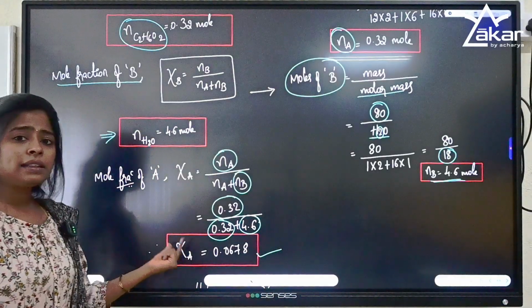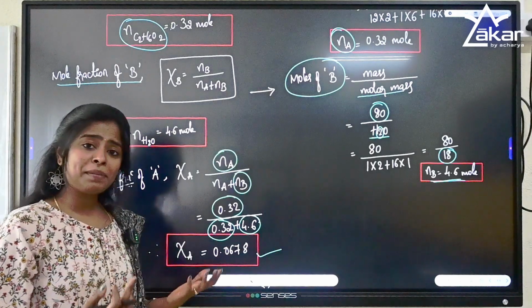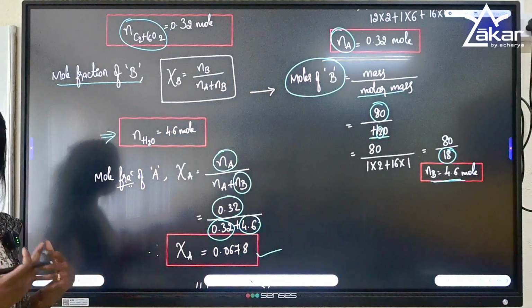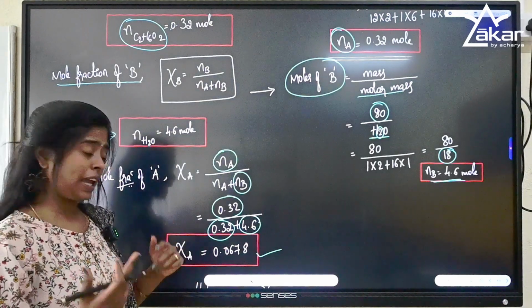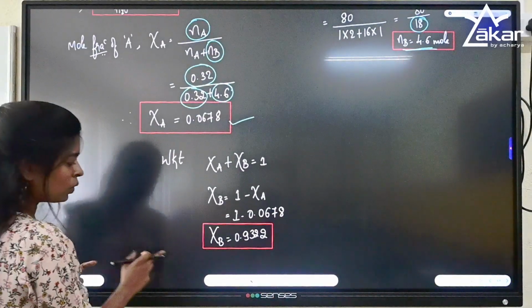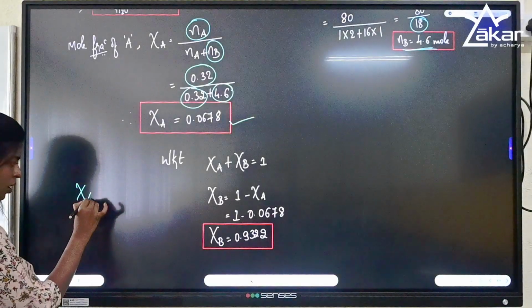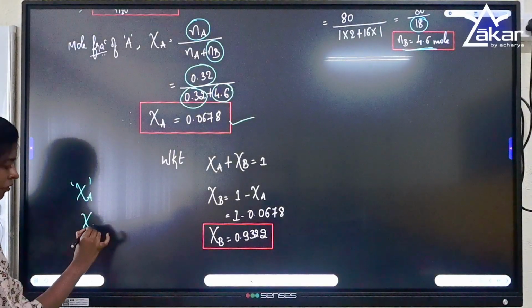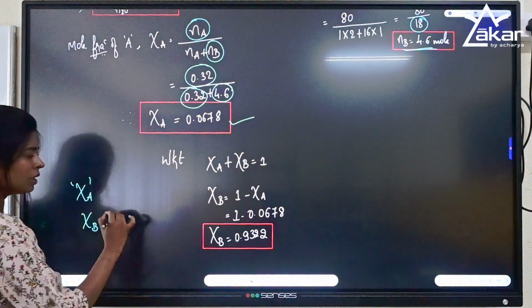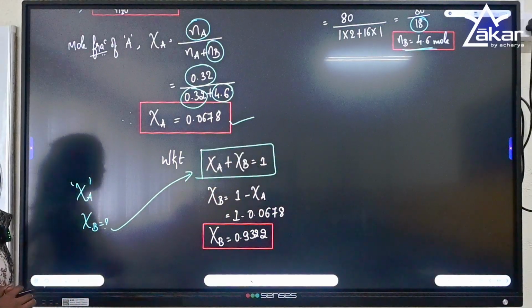Luckily, in this question they are asking us to calculate only the mole fraction of A. Sometimes in the question paper they will ask you to calculate the mole fraction of A and B. If that is the case, we know the mole fraction of A, and we know how to calculate the mole fraction of B using this formula: Chi A plus chi B equals 1.